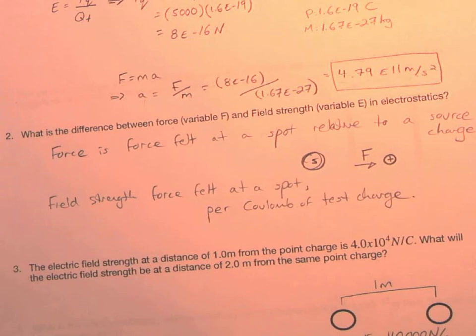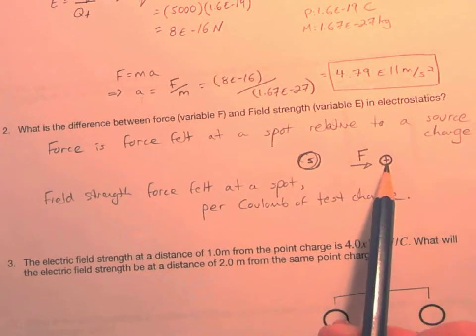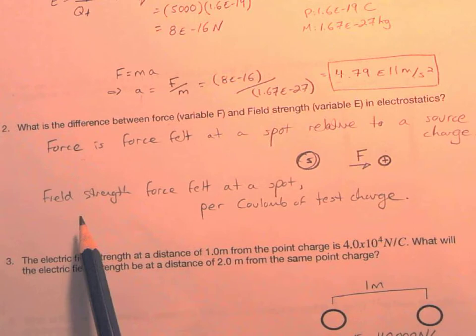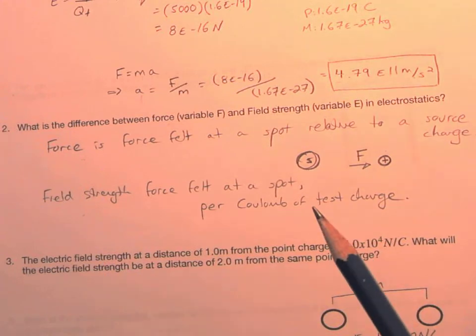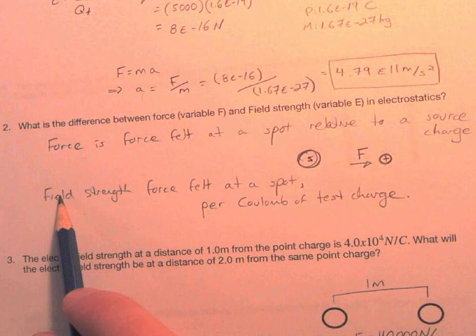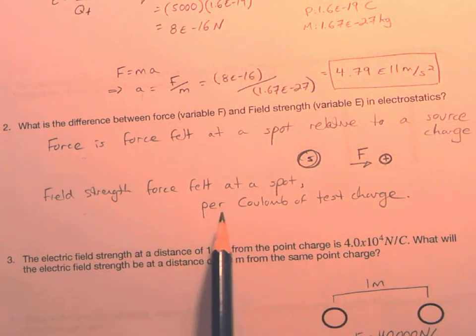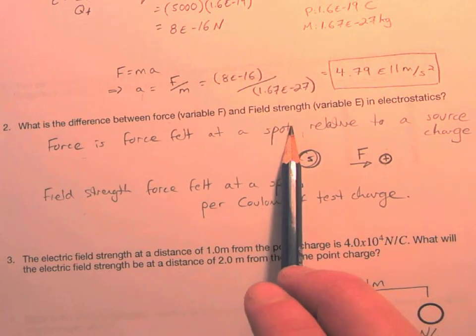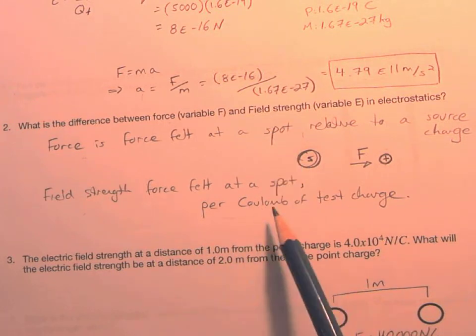So similar to gravity, this force felt would be the force of gravity, and the field strength would be the force of gravity per kilogram. So this one's the force felt per coulomb of test charge. Okay, so they're really similar. You can get from this one to this one just by multiplying how many coulombs the test charge has.